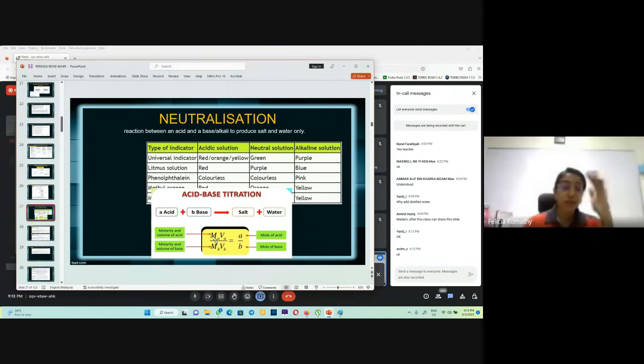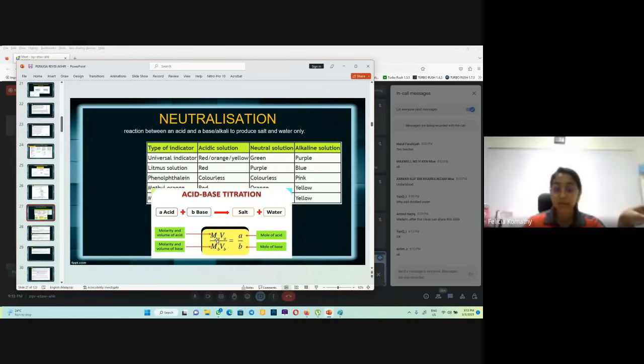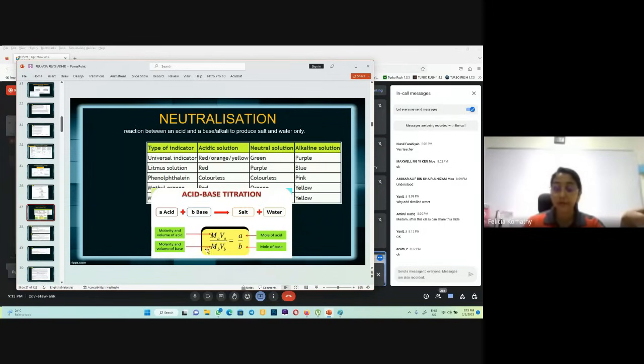You no need to do step 1, step 2, step 3. No need to do a very detailed calculation. Do a very shortcut calculation using this. You know what is MA? Molarity of the acid, volume of the acid, divided by the molarity of the base or alkali and the volume, equivalent to a over b. Based on the balanced chemical equation, what's the mole ratio for acid? You put it up that a divided by b, the mole ratio for alkali.